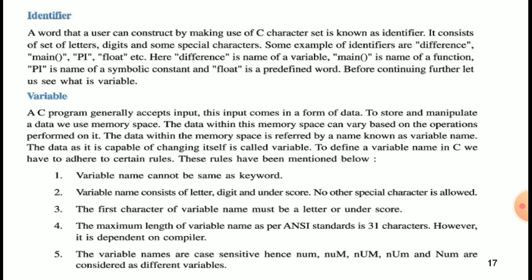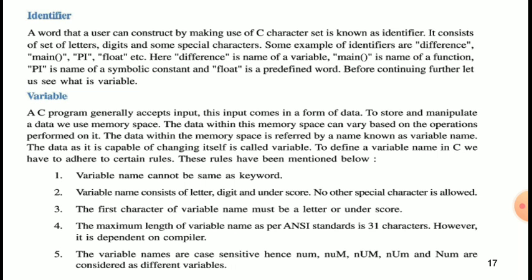It consists of a set of letters, digits, and some special characters. Examples are cost, which is a variable name, main, a function name, pi, a symbolic constant, and float, a predefined word, etc.